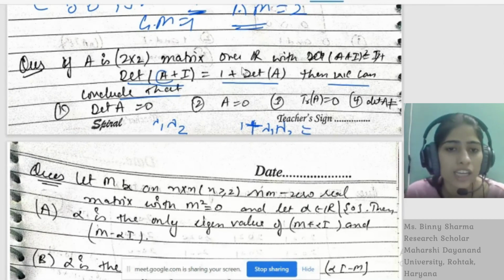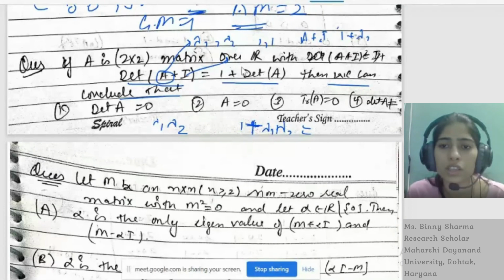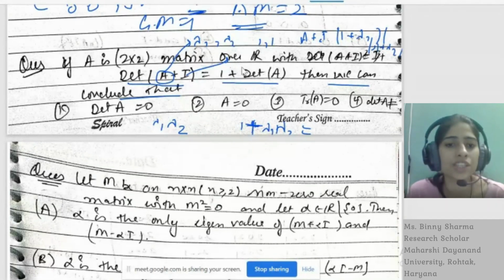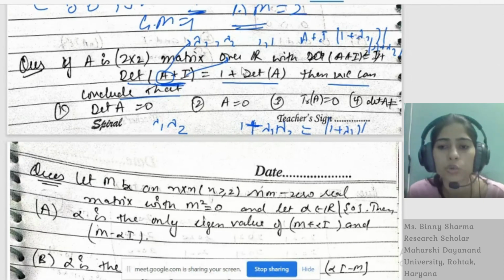Now the eigenvalues of A are lambda 1 and lambda 2, and the eigenvalues of I are 1 and 1. So the eigenvalues of A plus I will be 1 plus lambda 1 and 1 plus lambda 2, and its determinant can be given by the product of these eigenvalues. So (1 plus lambda 1) into (1 plus lambda 2).